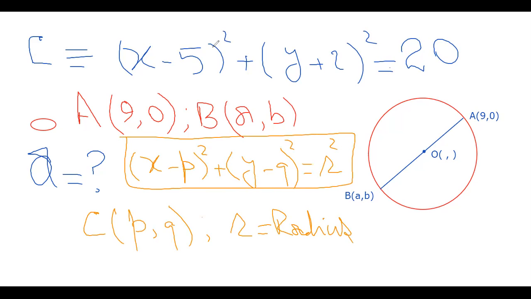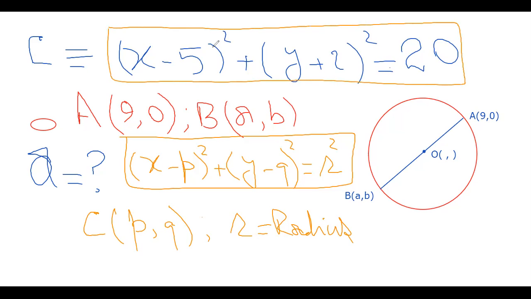Kinda. Now you will have to make the comparison. This one is the given circle and this is the standard form. How can you make the comparison? This x is over x, so this minus sign is already there.